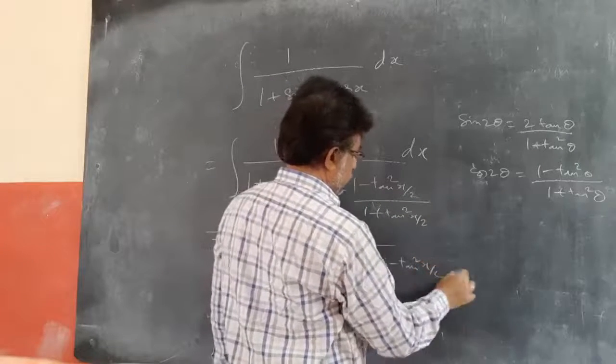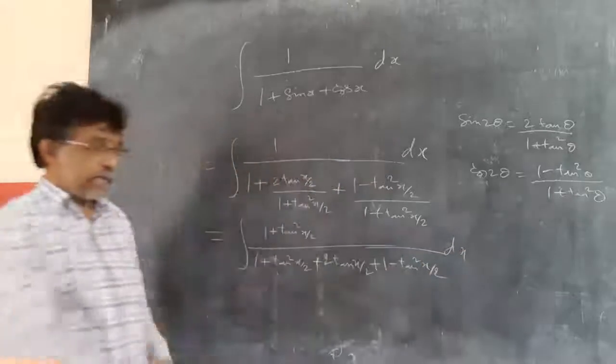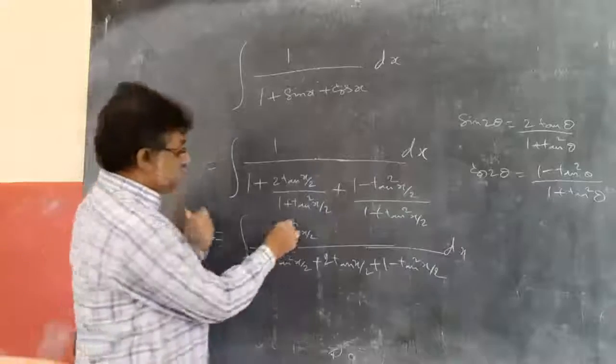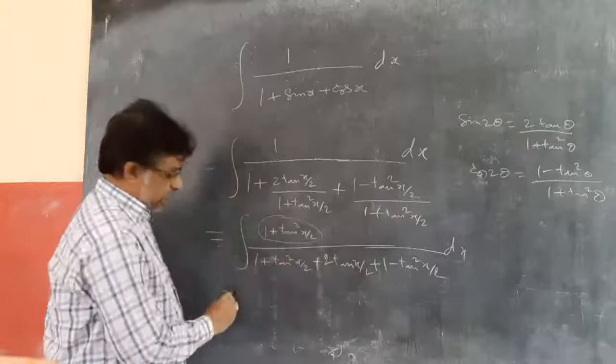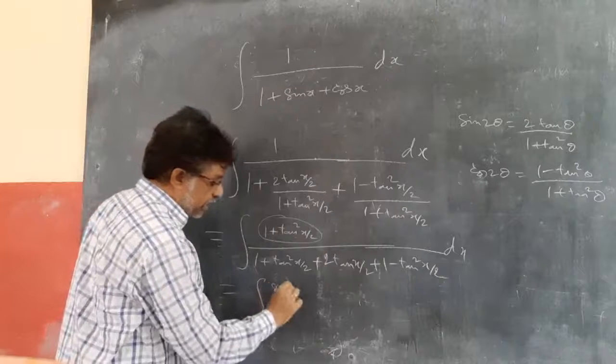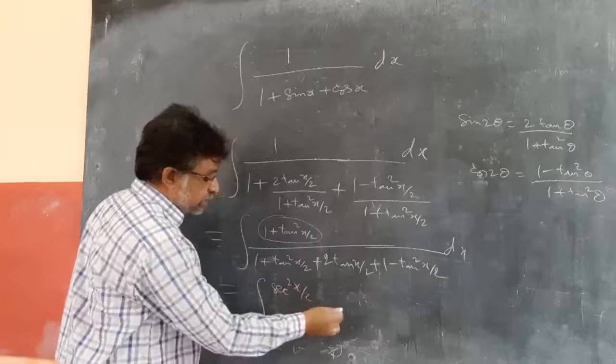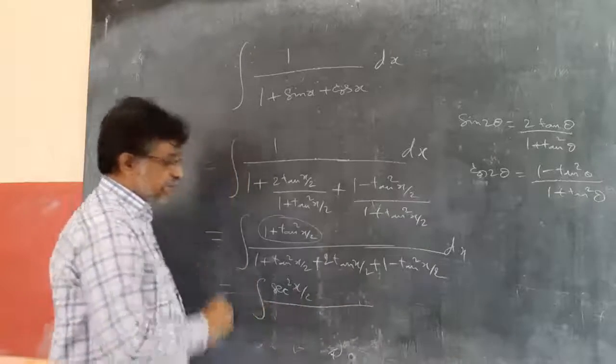Now 1 plus tan square theta is nothing but secant square theta, as we know. So instead of 1 plus tan square, I can write secant square x by 2.